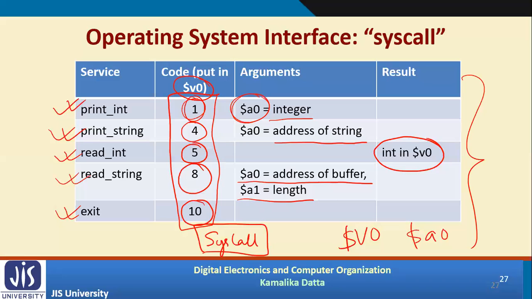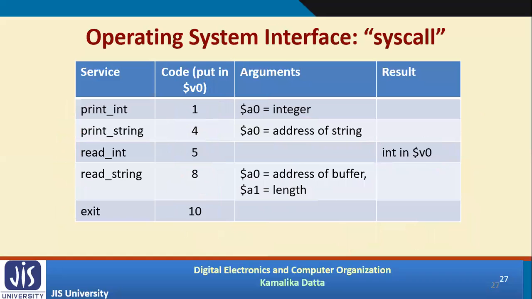We'll look into the details in the operating system course and others of how the system call works, but for now, you understand this. So for printing, you need to do this for this QtSPIM.